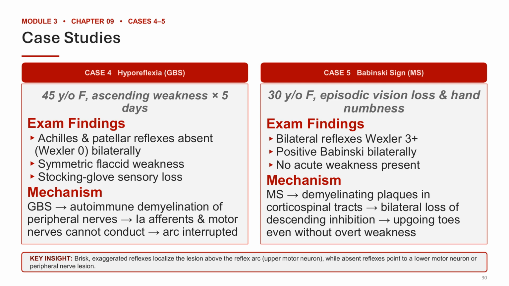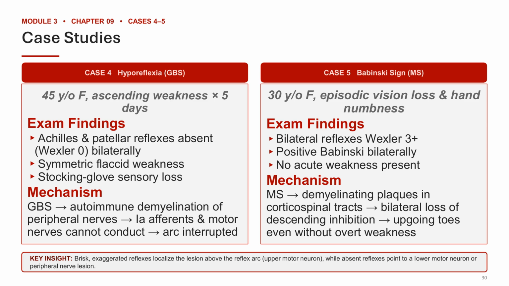Upgoing toes without overt weakness. That last point deserves emphasis. Upper motor neuron signs can precede clinically obvious weakness. A patient who feels essentially well can carry unmistakable corticospinal findings on your examination, which is the whole argument for examining reflexes carefully in every patient, including the ones who look fine.